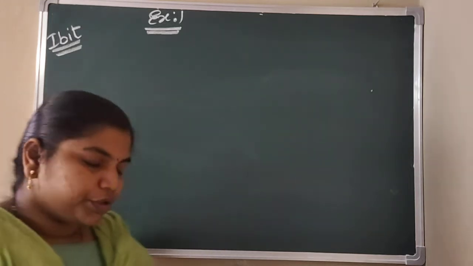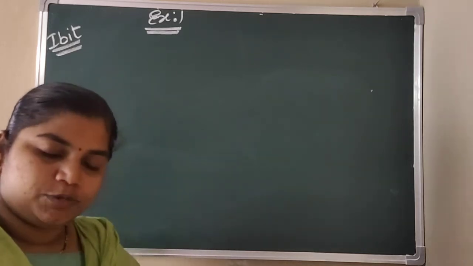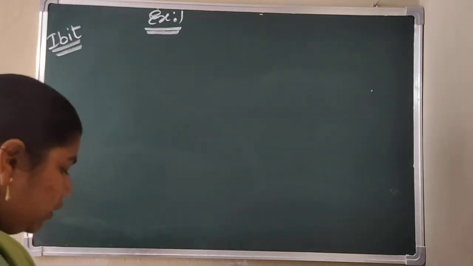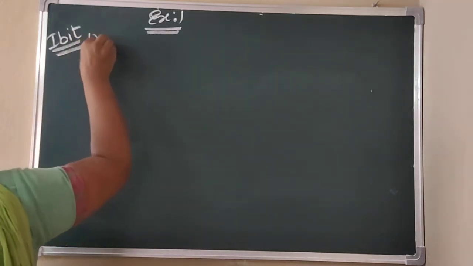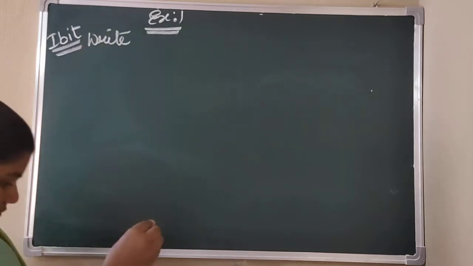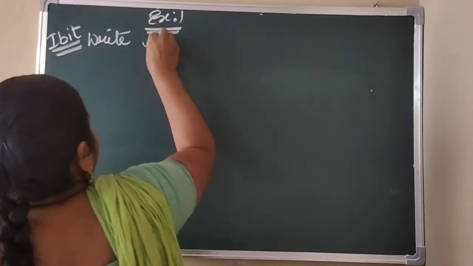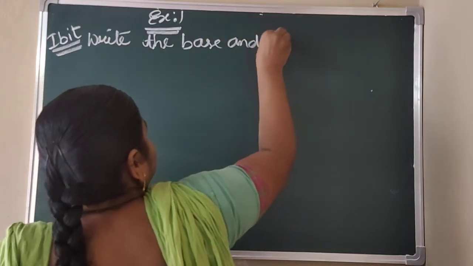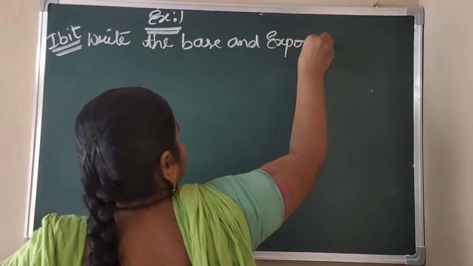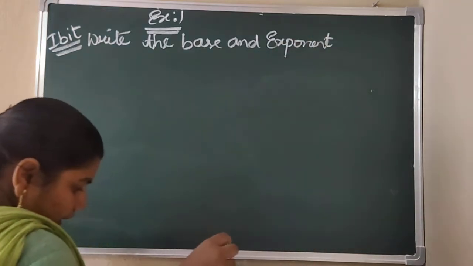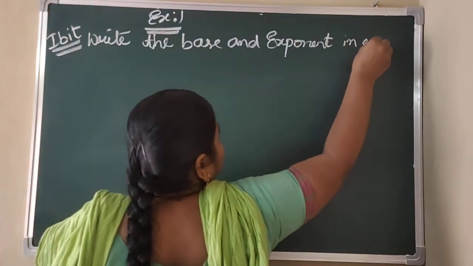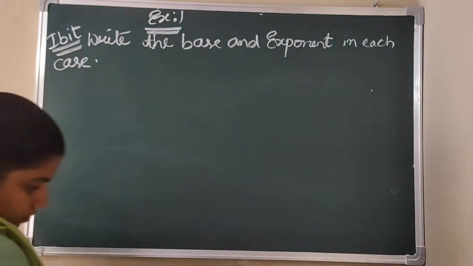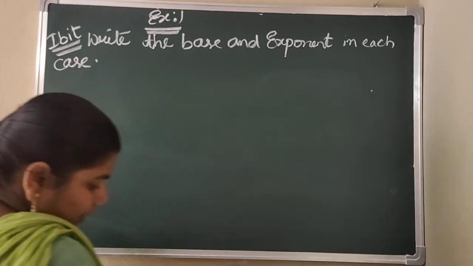So we have to write what is the base value and what is the exponent value, and we have to write the expanded form of the given value.